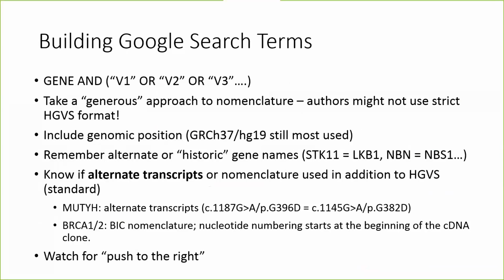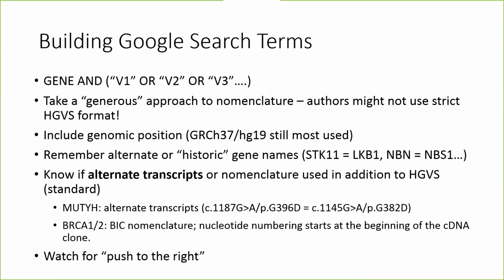Well, in HGVS nomenclature, you would list c. whatever, and then each of the 9 nucleotides that is deleted would all be listed out. It'd be quite long. So in order to summarize that, some authors might take a shortcut and just say del9. So you've got to think a little bit creatively when thinking about your nomenclature options.